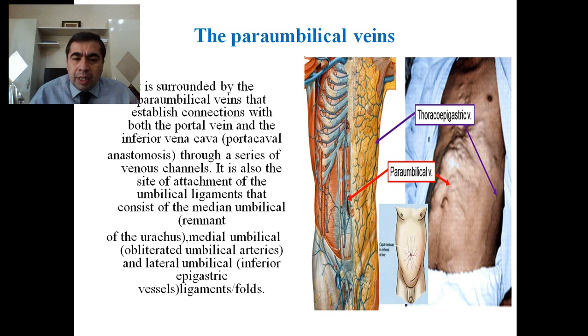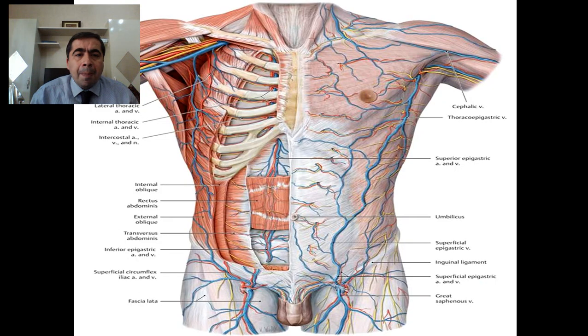I have noted these vessels slightly before, and you are looking at this picture. At the right side, the vagina of the rectus abdominis muscle is opened. You are looking at the superior epigastric vessels, I mean the artery and the vein, because the anterior wall of the rectus sheath has been partly removed, and also at the inferior side the anterior wall was removed.